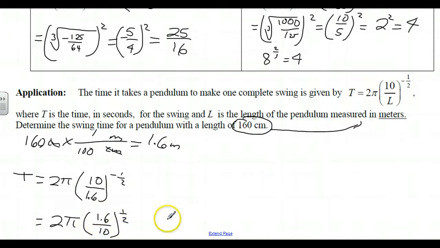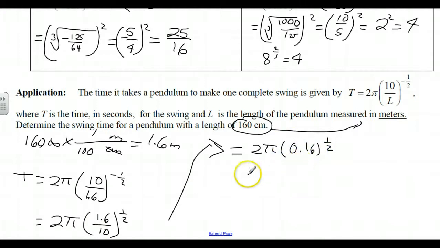Okay, this is actually getting a little bit easier to calculate. So that's 2 pi times 1.6 divided by 10, which will be 0.16 to the positive 1/2, the square root of 0.16, which is 0.4. And so we get 0.8 pi.